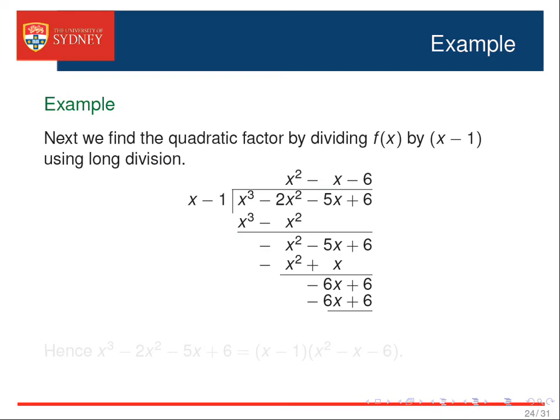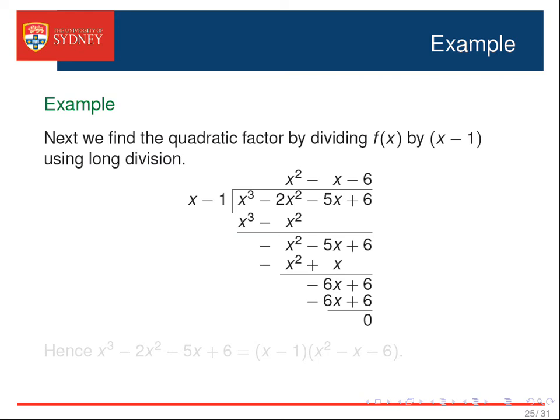Again, repeat the process. This time, minus 6x divided by x gives minus 6. So we write minus 6 on the top, and multiply out to get minus 6x plus 6. This time, all the terms cancel each other out, resulting in a remainder of 0.